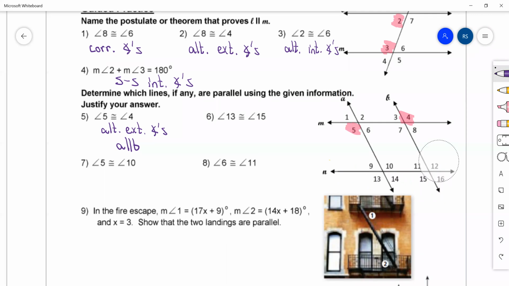Okay, so let's erase our markings because we got a new problem coming up. Six asks about 13 and 15. I don't do anything with M, so I'm going to cover it up. I'm going to ignore it. So M should not be anywhere in our answer.